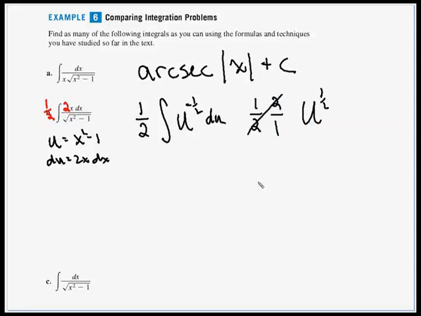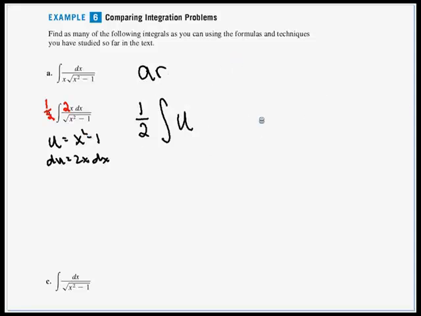So that would cancel out there, and we're just left with u to the 1/2 plus c. And our u value was x squared minus 1, so it's x squared minus 1 to the half power, or we put it under a radical, plus c. So first we used an inverse trig function, then it was just a basic u substitution.